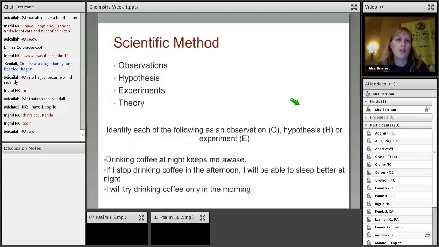Once you have those observations, you start asking yourself questions like, well, why is it doing this? And what would happen if this happened? Or what would happen if this happened? It's really just promoting your thinking rather than just seeing it and then going squirrel, look in the other direction. You actually start thinking about it. That's what I want you to learn how to do this year, is to think scientifically.